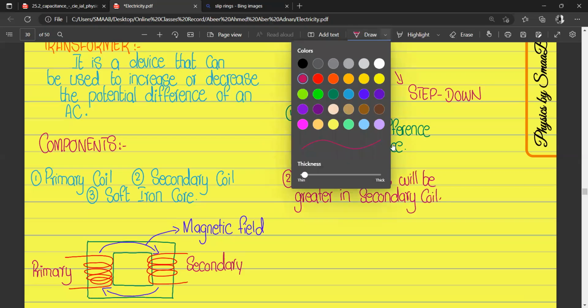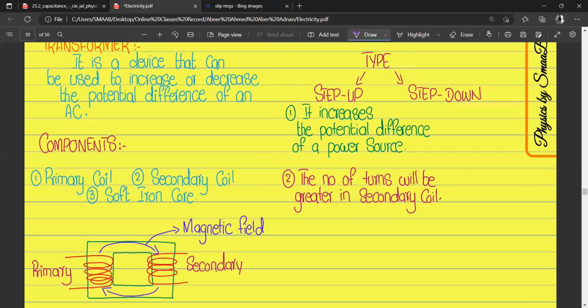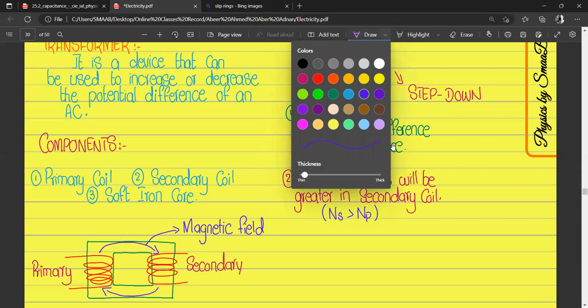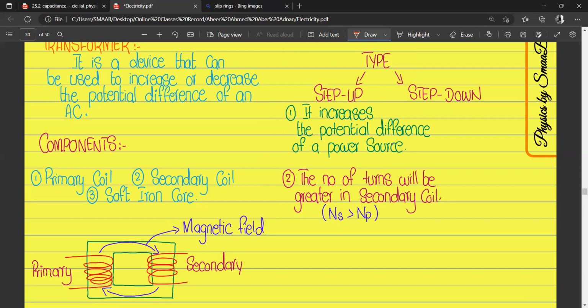Or mathematically, we can say that the number of turns in the secondary coil will be greater than the turns in the primary coil. And if we want to demonstrate this in a diagram, this will be the primary coil.